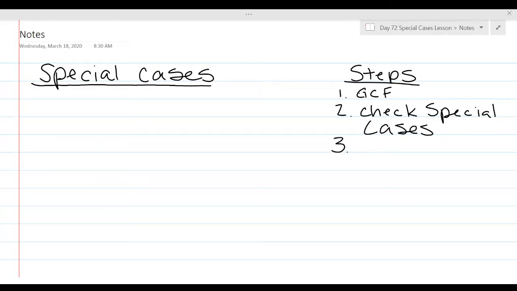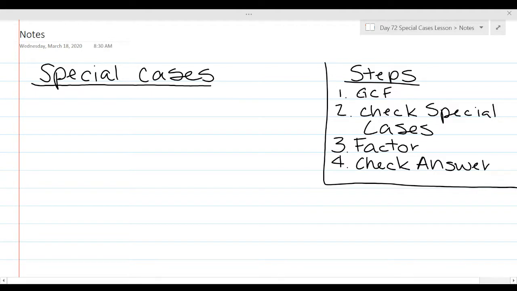Step 3, factor. Step 4, go back and check your answer. Okay, so those are the steps we want to use.